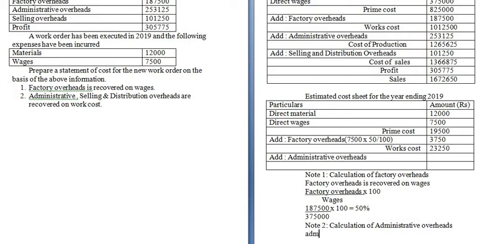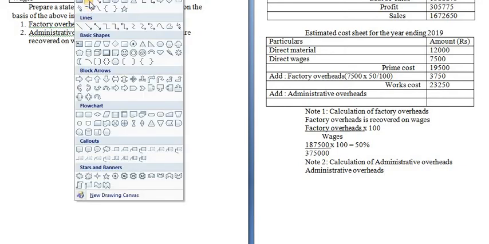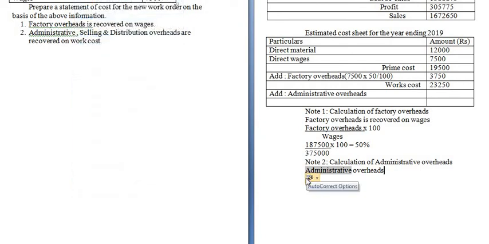So your formula will be administrative overheads divided by works cost into 100.